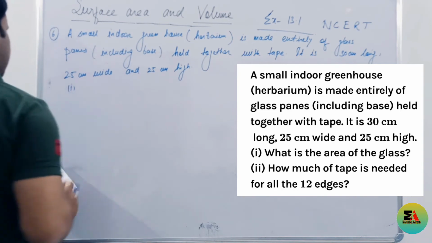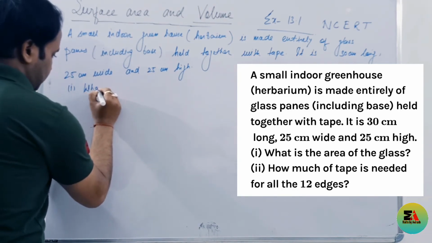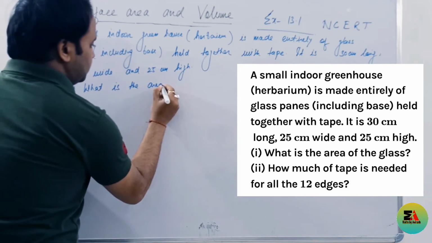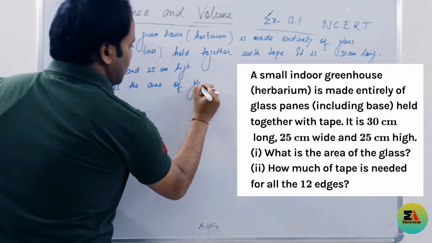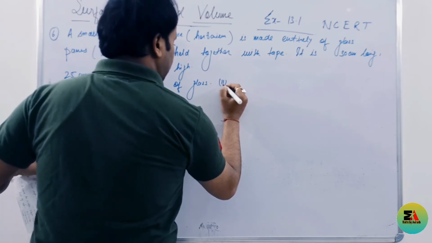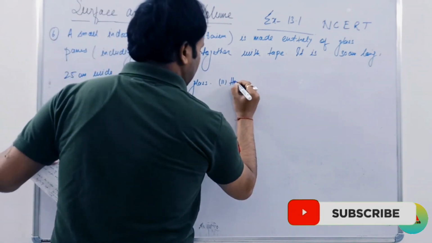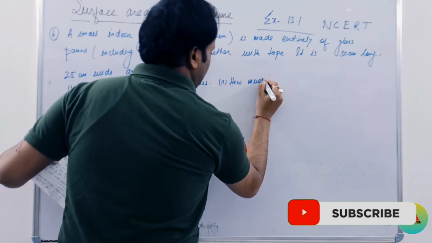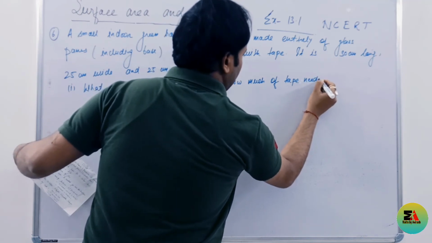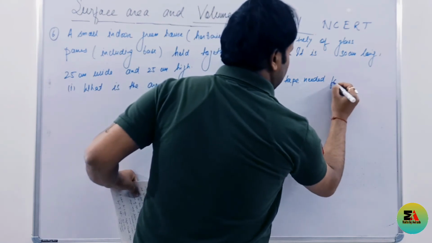We have two cases. Case first is, what is the area of the glass? And the second question is, how much tape is needed for all 12 edges?